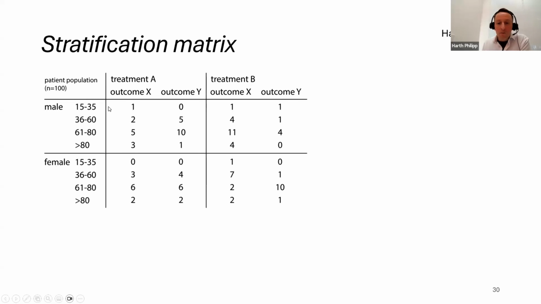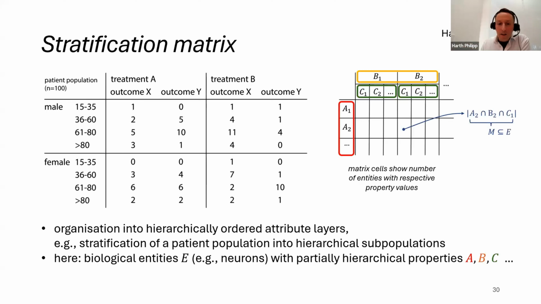And this is, I think, the origin of this term, that you can stratify populations based on properties. Technically, it's defined as organization into hierarchically ordered attribute layers. As said, in this example, a stratification of a patient population into hierarchical subpopulations.